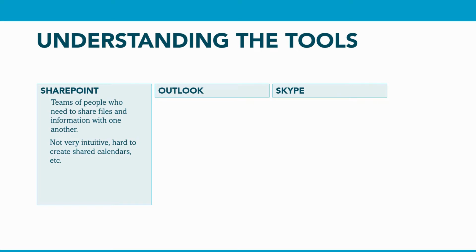When we're moving from saving our files to the hard drive to saving our files to a shared space, SharePoint is the way we make that happen. SharePoint also has tools for sharing calendars, sending messages, things like that. But it's not an intuitive space, and very often when a company buys SharePoint, it turns into a ghost town. Nobody's really sure how to make things happen, how different tools work, and it ultimately doesn't go very well.